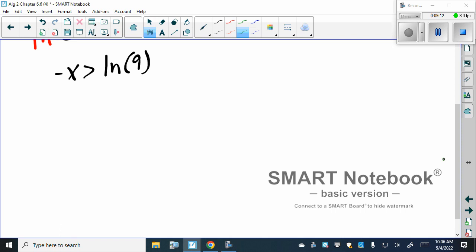What do we do next? Multiply by negative 1, which will give us positive x and negative natural log of 9, and our inequality sign is still greater than, because whenever we multiply or divide by a negative, we've got to flip the inequality sign.